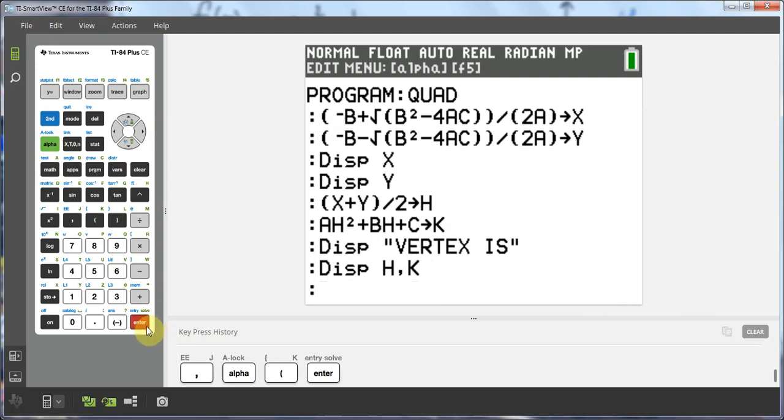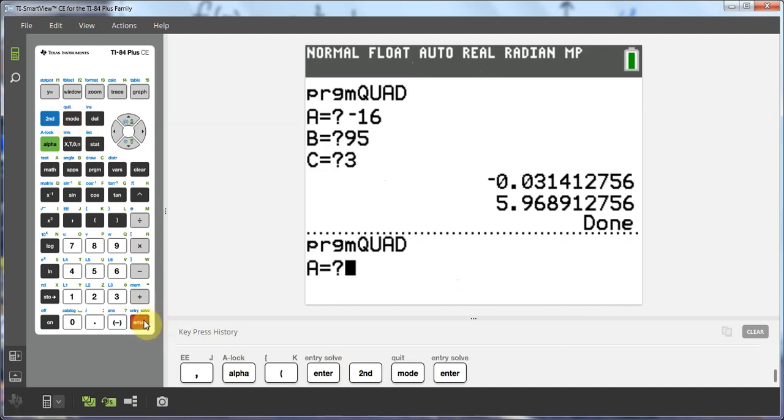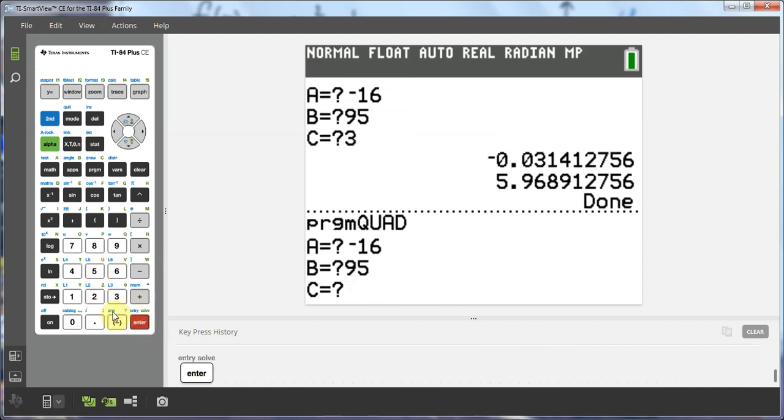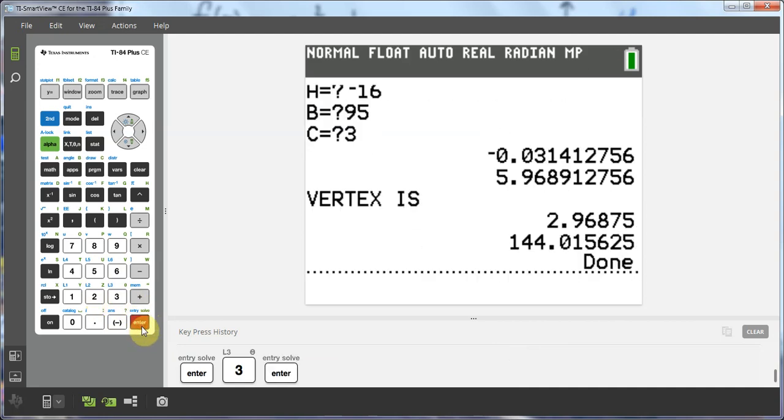Okay. So not only will this program give us the x-intercepts, exit out, let's run it again, and this program now will also give us the high point or the low point, depending how the parabola is shaped. Okay, so we know that these are the x-intercepts. This is the x-coordinate and the y-coordinate of the vertex.